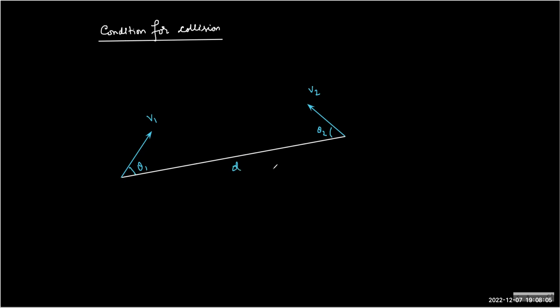It's called D. Now, to deal with any projectile motion, the best way to think is to assume one of them at rest, one of them as observer. So out of the two particles, imagine you become the observer. So I'll make it more general.